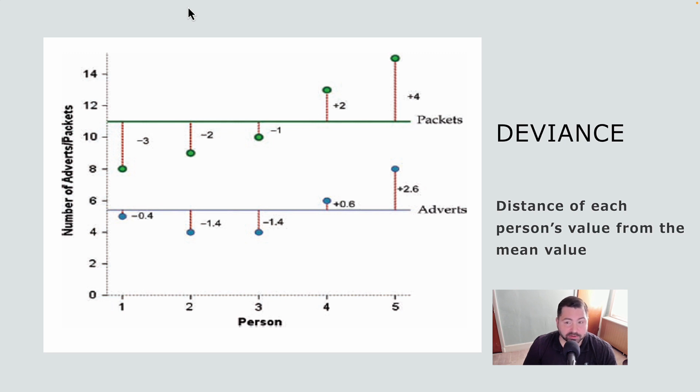Whereas other customers may have had to receive up to 14 different advertisements and packets in order to influence their buying decision. When we look at the distance of any one data point from the average horizontal line going across, in this case the green line across the top of the screen, this represents the deviance of each individual's value from a mean value.